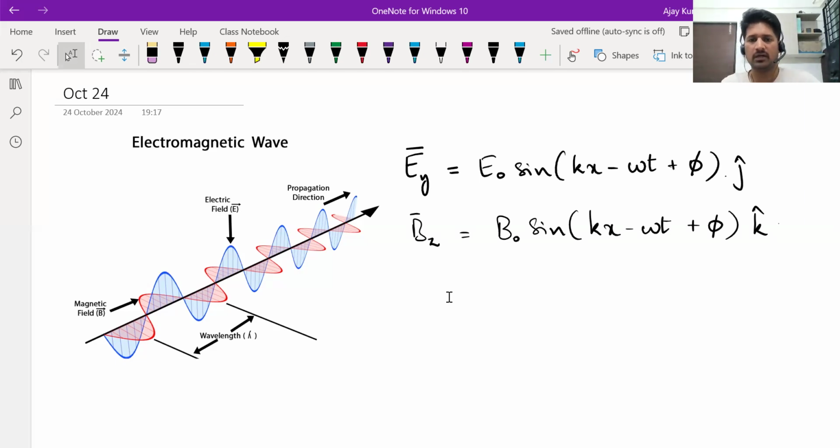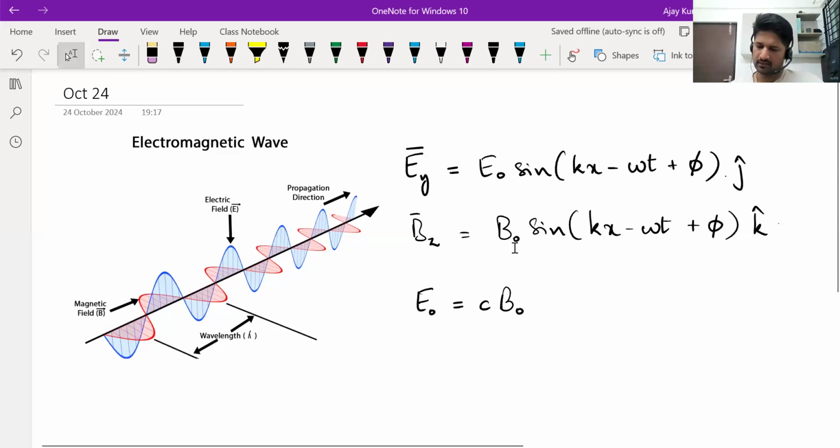The ratio of electric field amplitude to magnetic field amplitude is c. Okay, so you can write E naught is equal to c times B naught. The ratio is the speed of the wave.